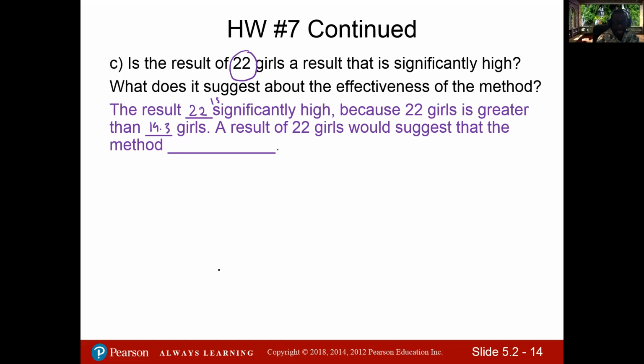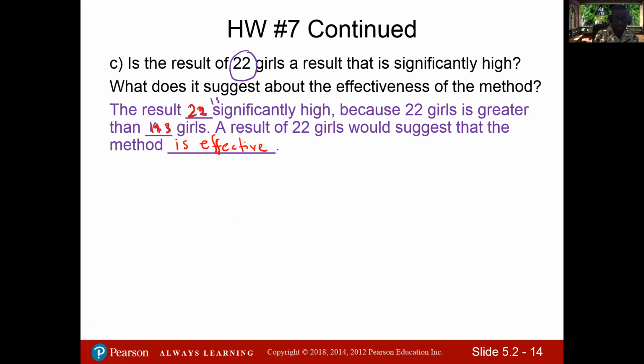Let me change the colors so you can see what I'm writing here. This is 22. This is 19.3. Then if it is so, the result of 22 girls will suggest that the method is effective.